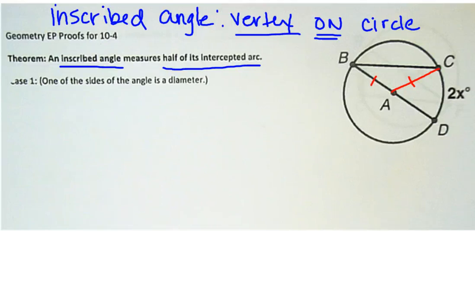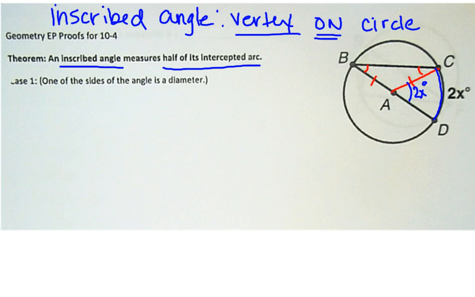That makes this triangle an isosceles triangle, which means these two angles have to be the same. This angle right there has to be 2x degrees. Reason: it's a central angle, and it has to be the same measure as its arc.